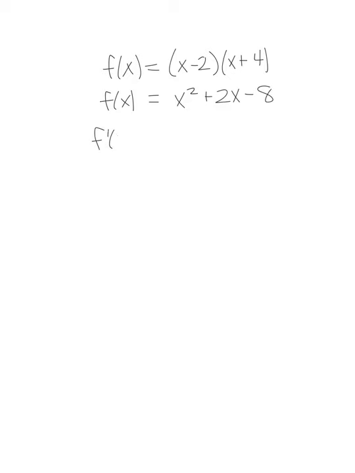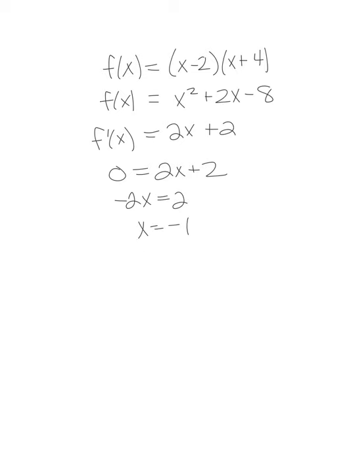And like I was saying earlier, if we take that derivative, so 2x plus 2, and we set it equal to 0, we are able to get that x value of negative 1 this way, which we know is that critical point, either a maximum or a minimum. And then if we were to do f of negative 1, we would get the negative 9 that we previously got for the vertex.